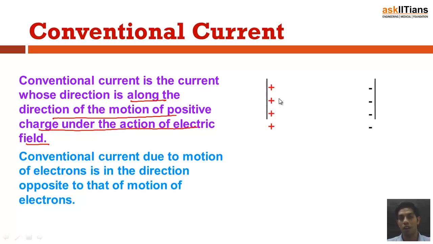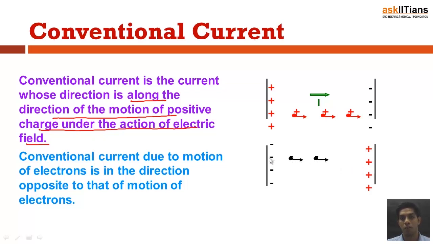For a graphical representation, let's say here I have a positive plate, here I have a negative plate. Positive charges are flowing from this plate to this plate, hence the direction of the current is the same as that of the movement of positive charges. Here I have a negative plate, here I have a positive plate.